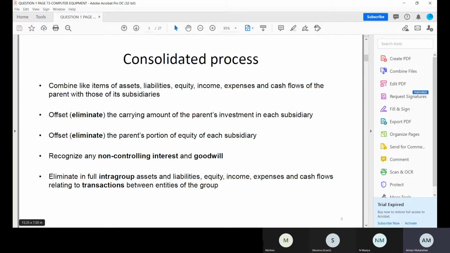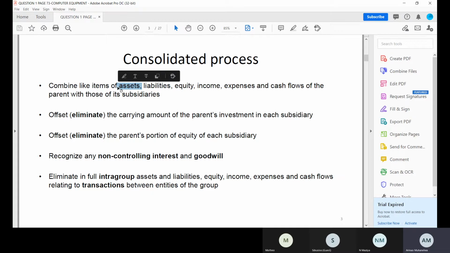There are procedures that the standard gives us. The first procedure is that we must combine the like items. If you have assets in the subsidiary and assets in the parent, combine them. That's the first thing you do, and I believe everyone can do that. Even a grade 12 student can do that.